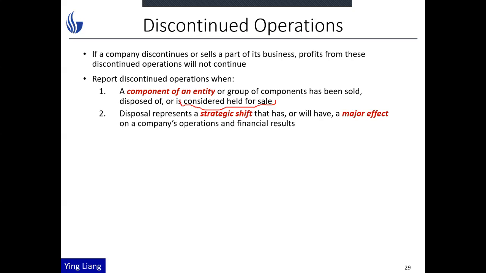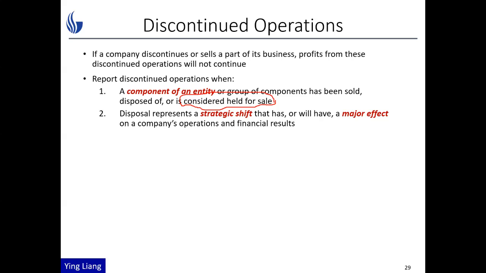Even if you just get the news out that you want to sell one of your sub-segments, or you may be in talks with several bidders but haven't closed the deal yet, as long as the news is out, you should put this segment under discontinued operations. So it doesn't have to be a closed deal in order to qualify.